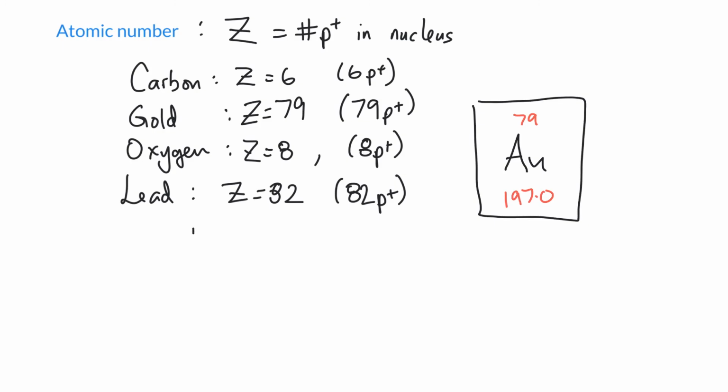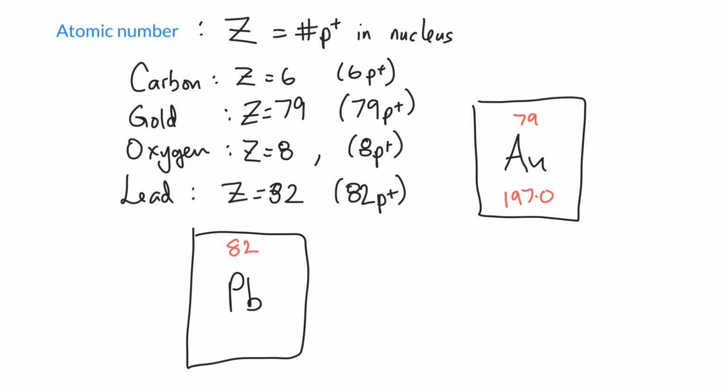But go ahead and find lead on your periodic table, and again, you will have Pb for lead, and you'll have above it written 82, and below it, if I squint at my itty-bitty pocket-sized periodic table, my lead is coming in at 207.2. So the average weight of a lead atom we'll see is 207.2 atomic mass units.